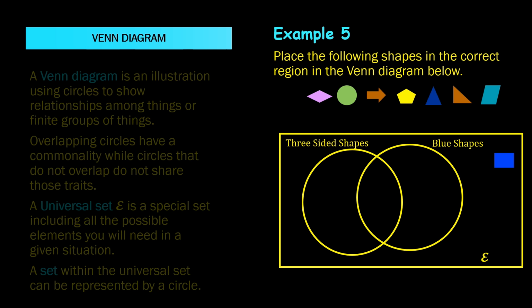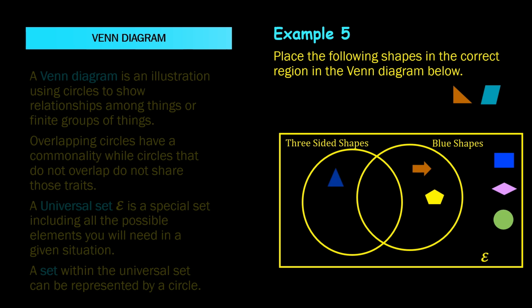The yellow rectangle doesn't fit into either of these two circles, so it goes outside them but inside the universal set. Similarly, for this green rhombus and the purple circle. However, the blue arrow goes inside the blue shape section, as does the blue pentagon.